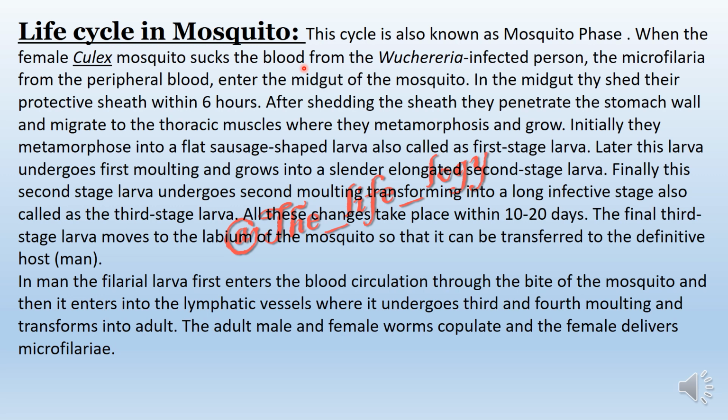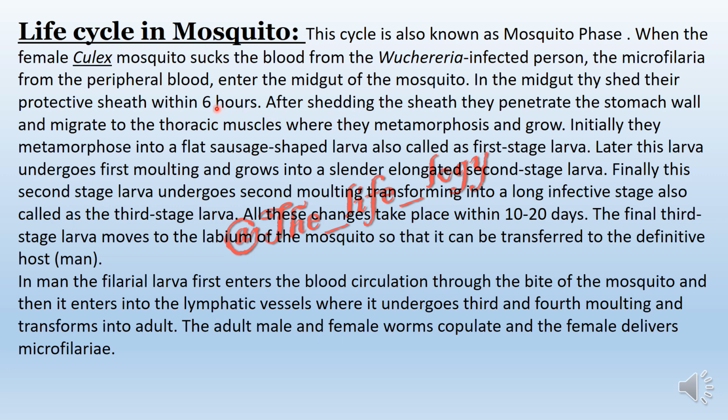Earlier I told that the microfilariae appear at night on the peripheral blood vessels in the human, which suits the feeding habit of the mosquito. From there the mosquito sucks the blood from the infected person, and the microfilariae enter the midgut of the mosquito, and then they shed their protective sheath within 6 hours.